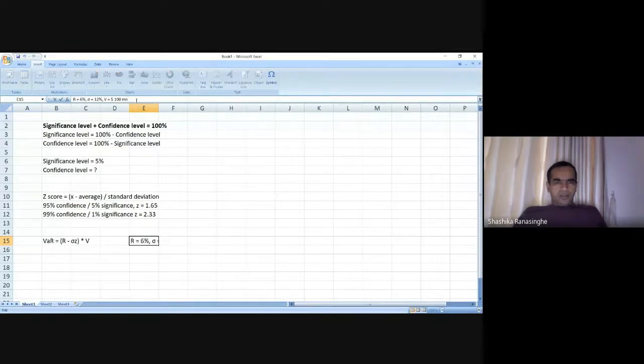And the Z score at 5% significance is 1.65.